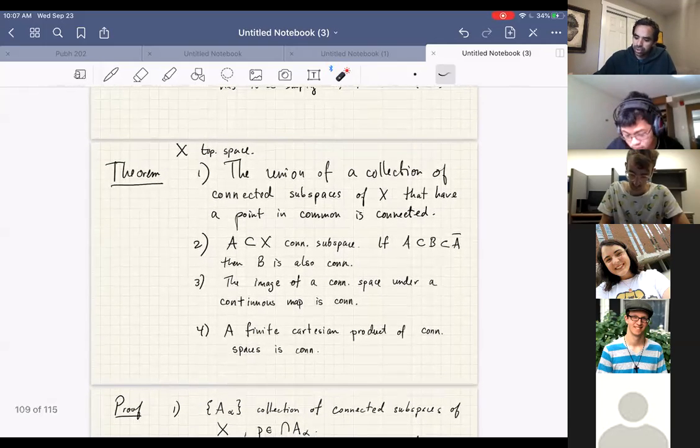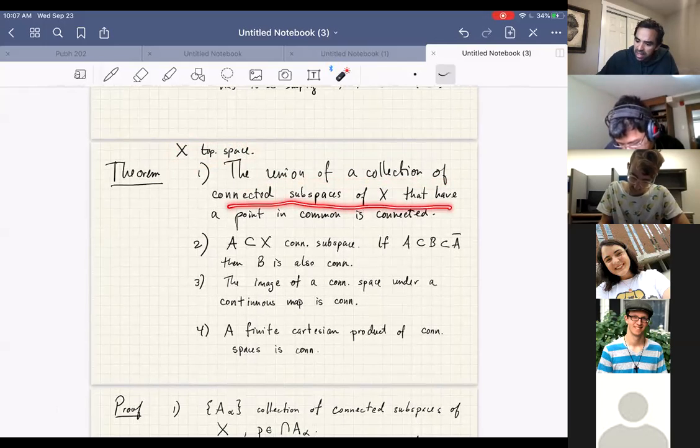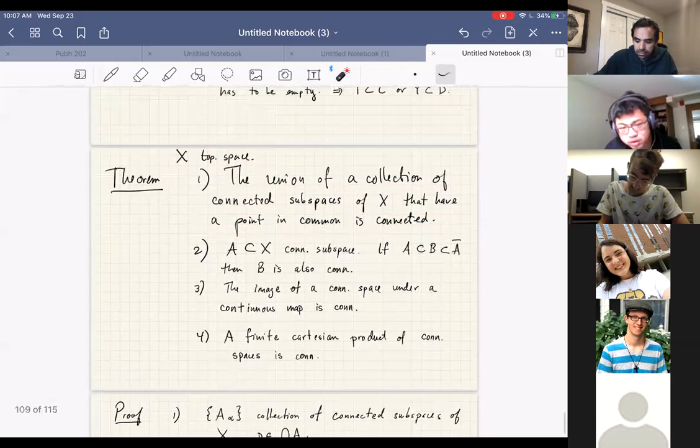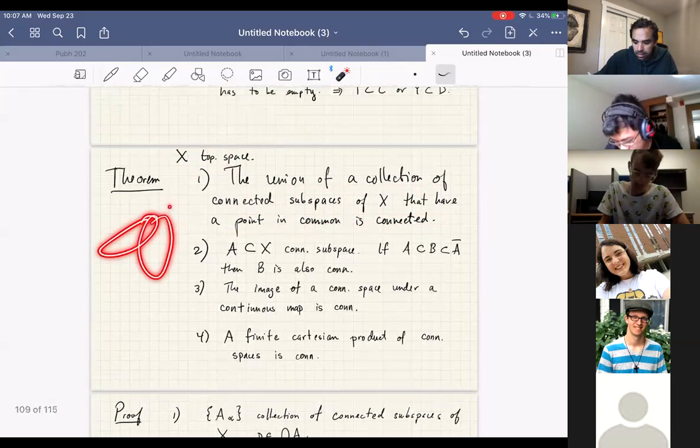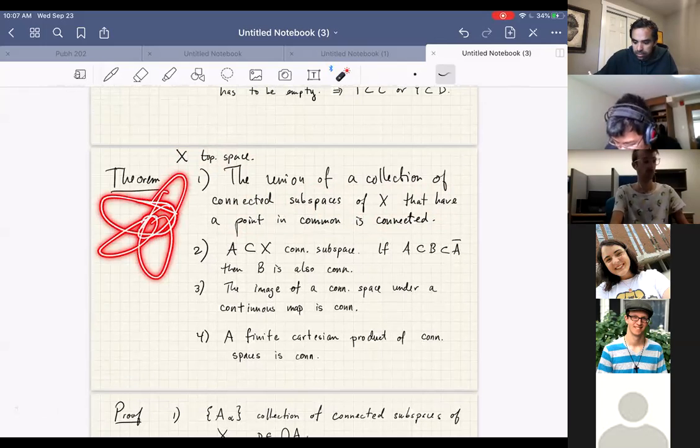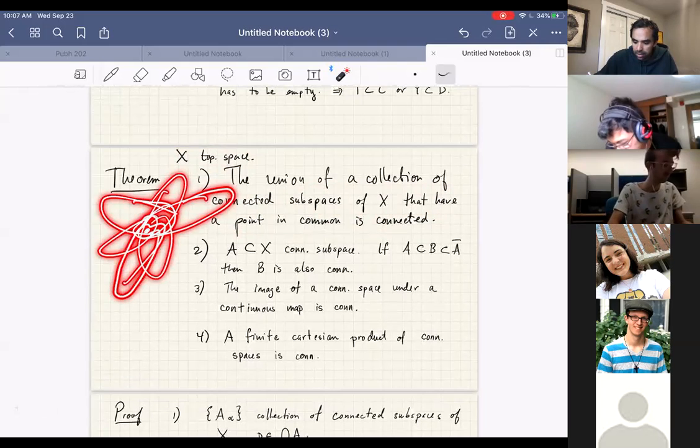So this is what we will show. So X is a topological space. First, the union of a collection of connected subspaces of X that have a point in common is again connected, right? If you have a bunch of subspaces which have a point in common, their union is connected.